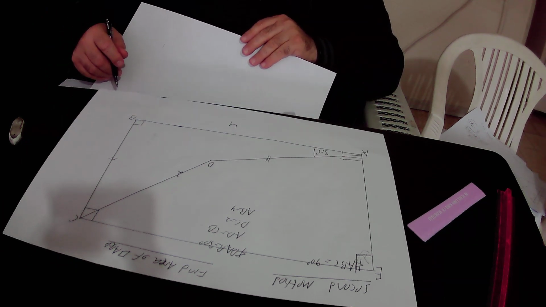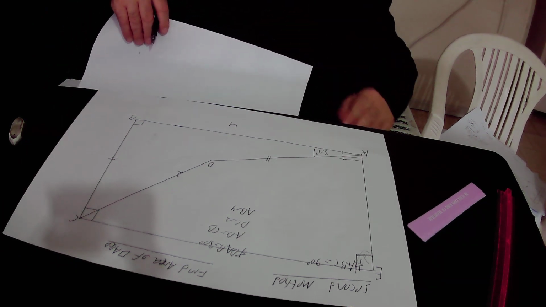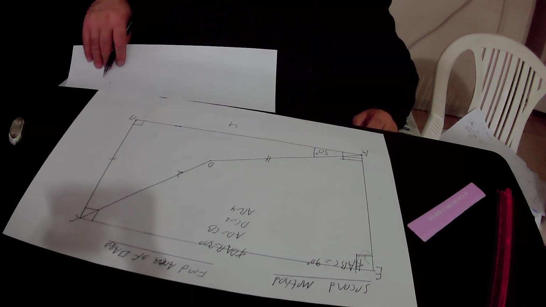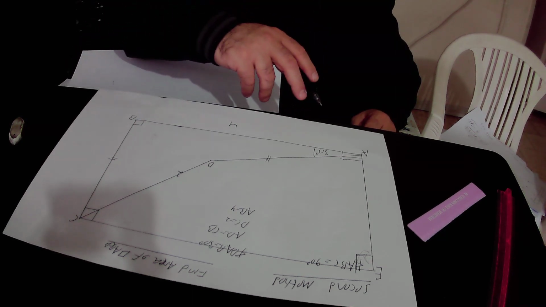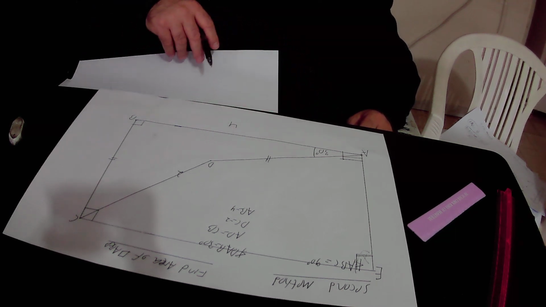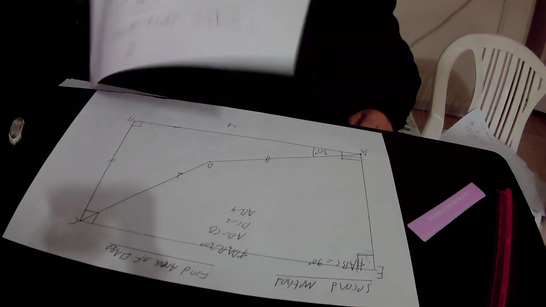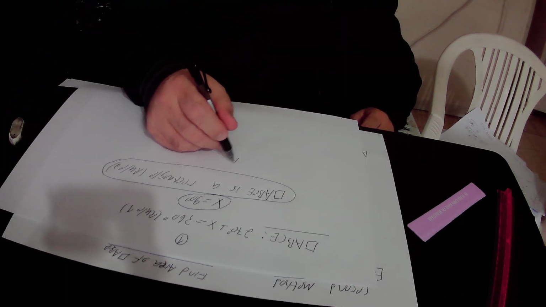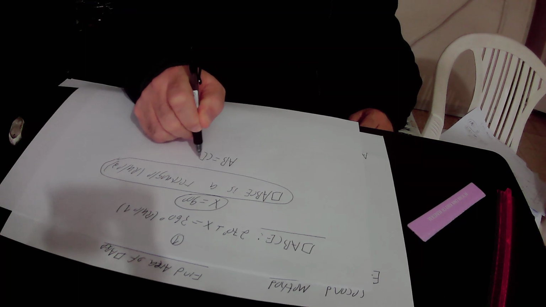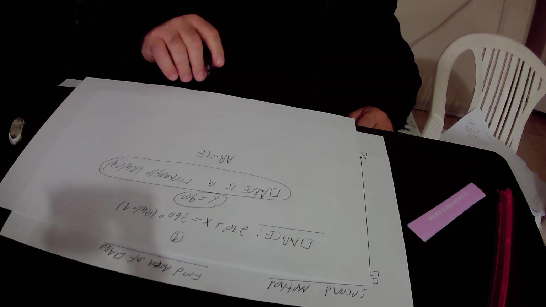And we also have rule number 3 that states that the opposite sides of a rectangle are equal to each other. That is to say, in rectangle ABCE, AB equals EC, according to the rule that the opposite sides of a rectangle are equal to each other.